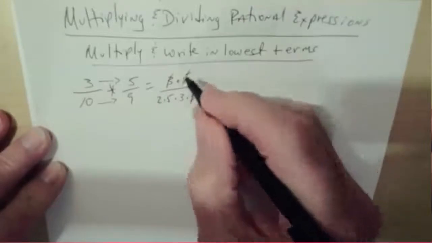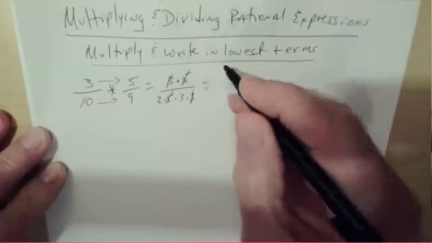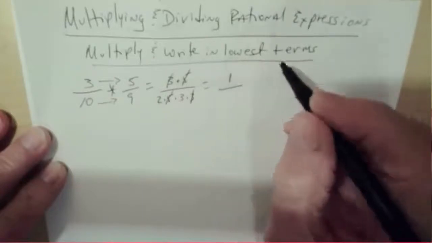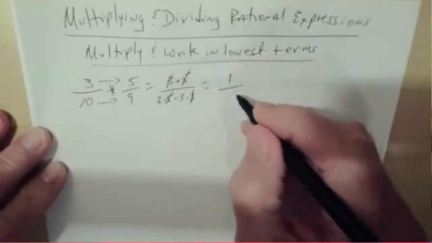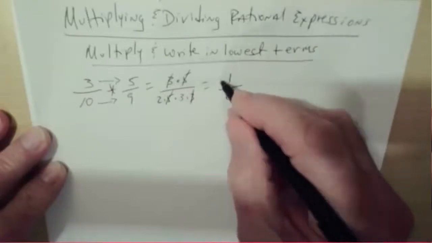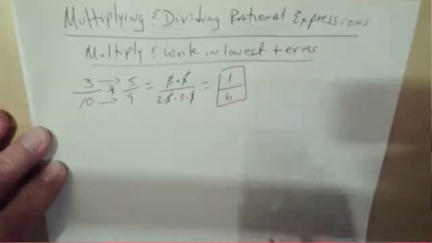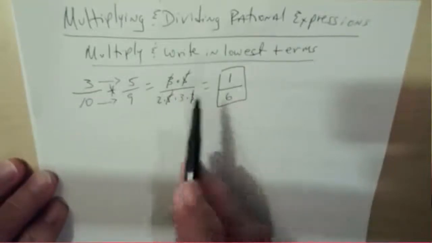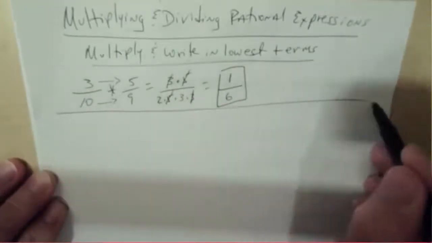So what are we left with? In the numerator, we have a 1, and in the denominator, 2 times 3 is 6. That's basically all there is to this. I think if you factor it out like that, it might make it easier at first.